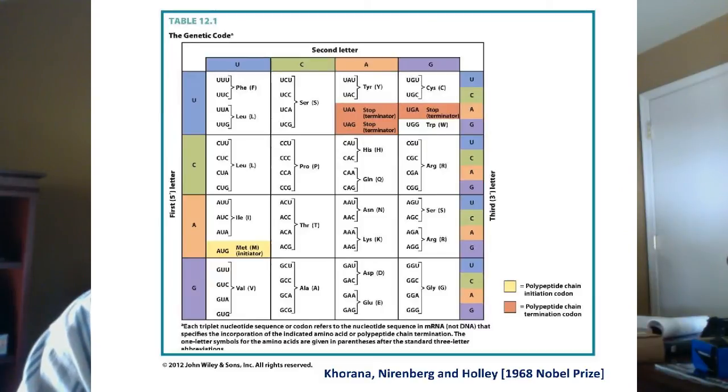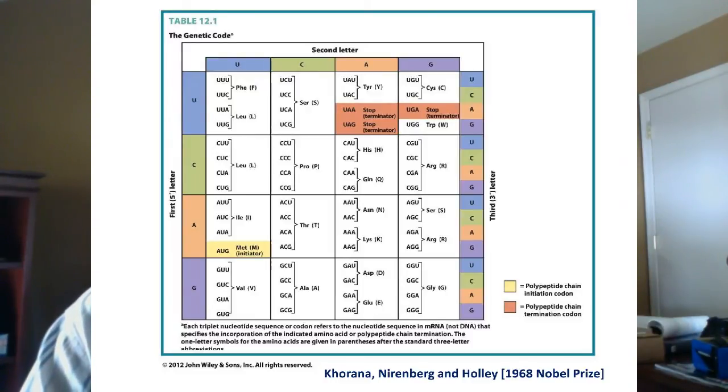So it means that more than one triplet codon codes for the same amino acid. And you can see, for example, with leucine, in the CU codon, all 4 possible triplet codons, CUU, CUC, CUA, and CUG, all code for the same amino acid leucine.